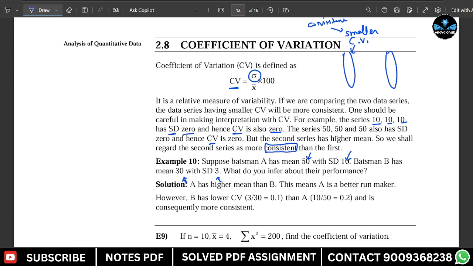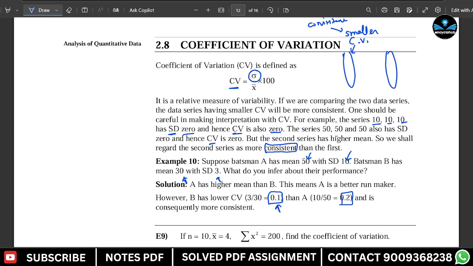What do you infer about their performance? After finding the CV, we got 0.2 and 0.1. So which one is more consistent?